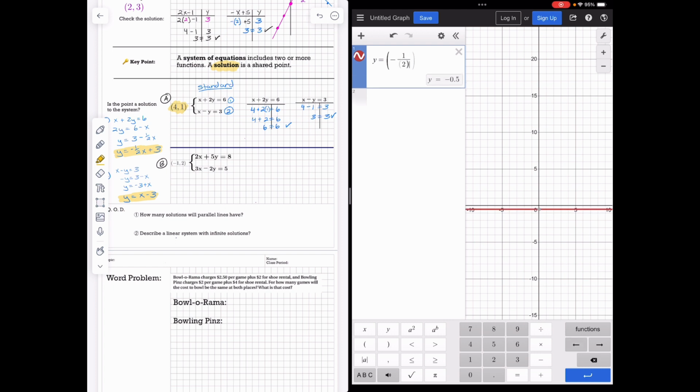Be careful where that closed parentheses goes. I'm going to use my little cursor key here to get outside of that fraction. There we go. Plus 3.